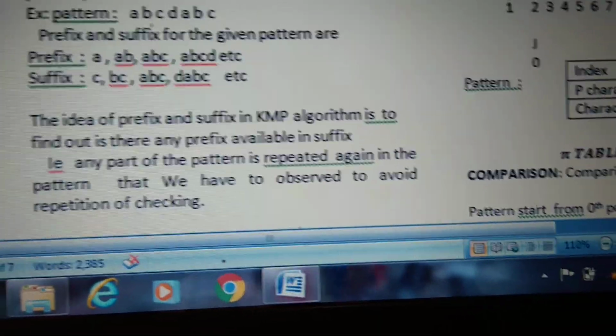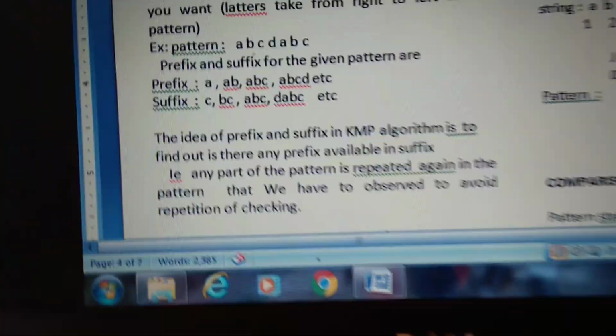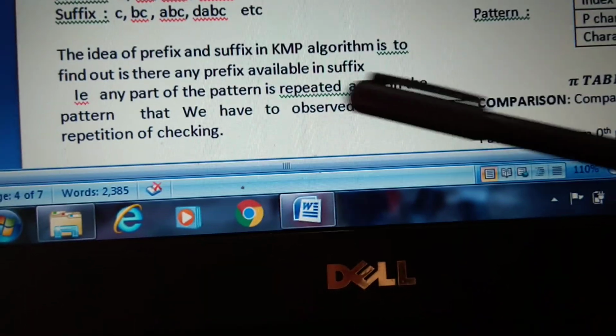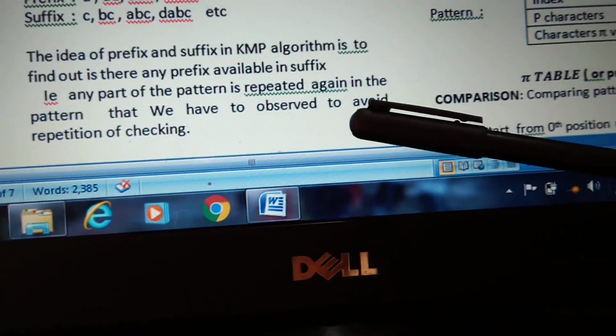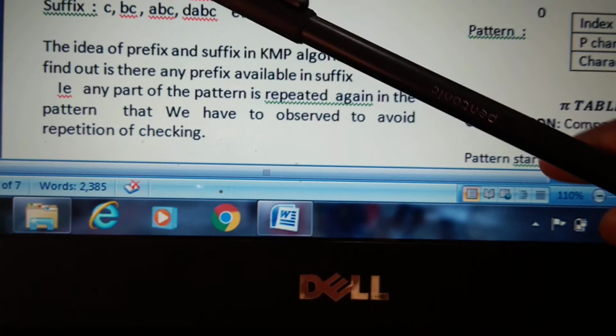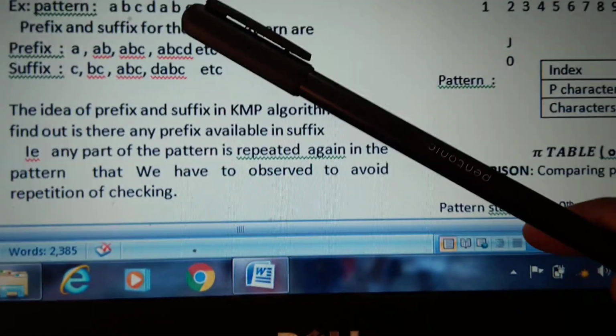If repetition is there in the pattern, that repeated part will not be considered for matching. That means if any part of the pattern is repeated again in the pattern, we have to observe it to avoid repeating the check. Suppose in this example ABCDABC, the ABC pattern is there and again repeated.